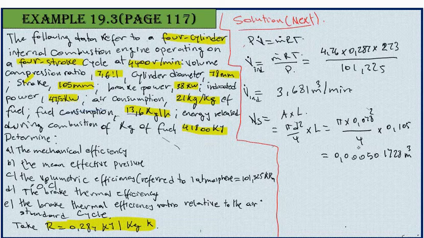But the volume that I've just calculated is for one cylinder. So to find the total volume, I need to multiply this by 4.